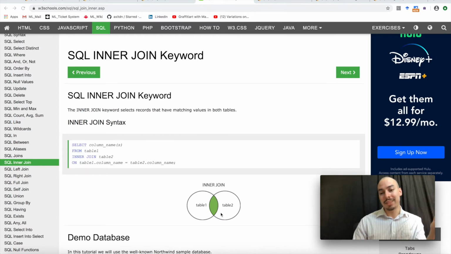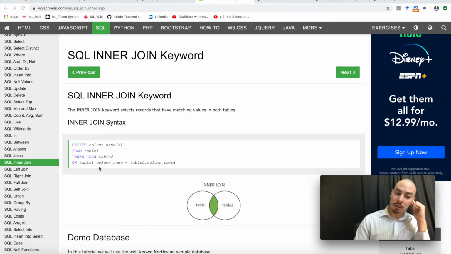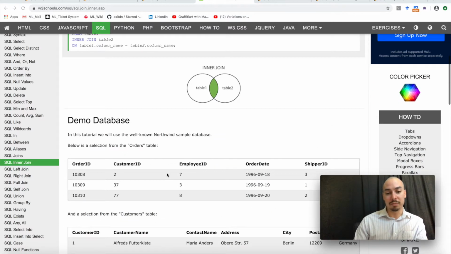And inner join basically in set theory is like the intersection set between those 2 tables. And then you want to join it on a certain equivalence, and that equivalence would be table 1 column name equals table 2 column name.